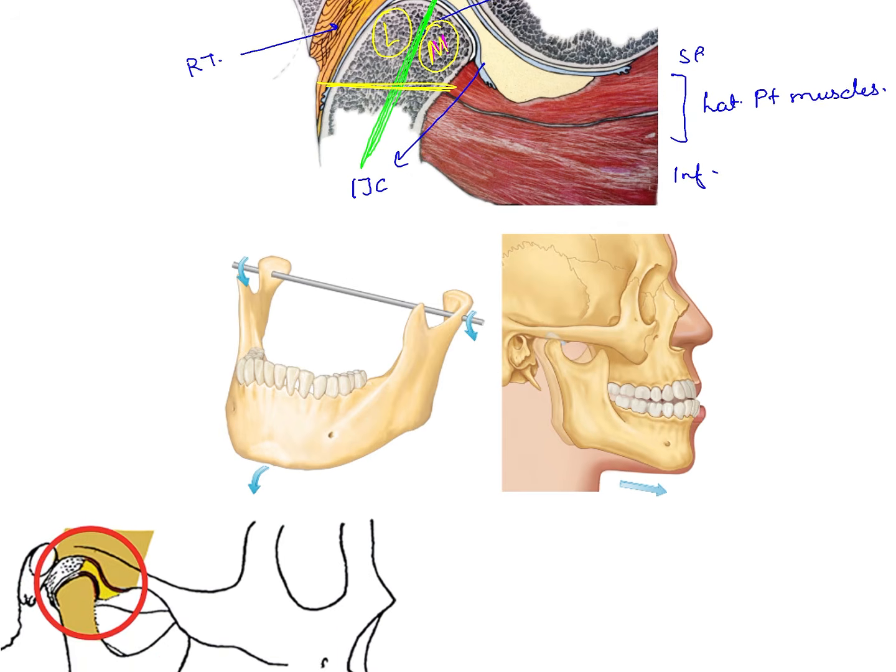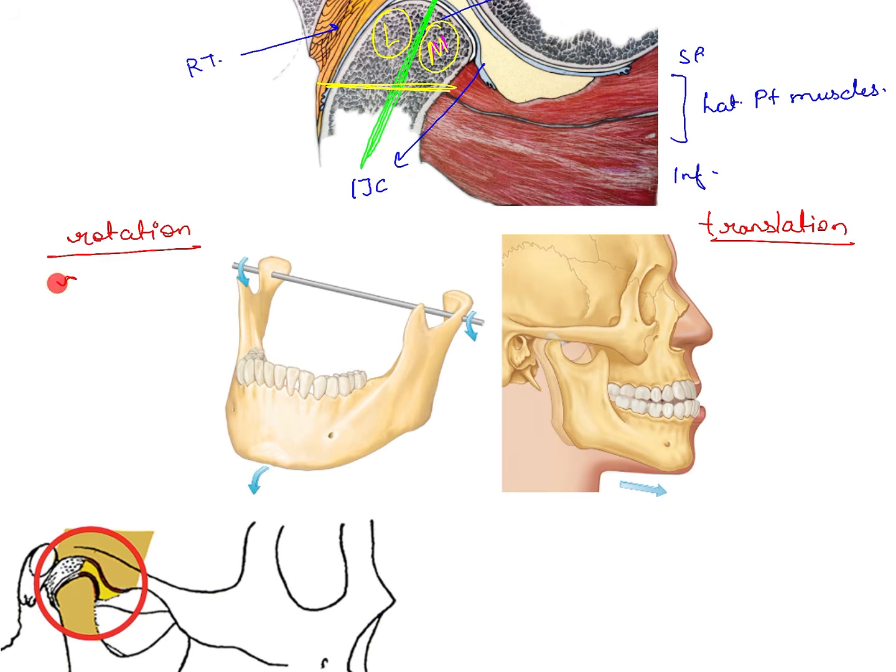The first is called rotation. The second is called translation. This is a ginglymus kind of joint, and this is an arthrodial kind of joint, and a combination of these two occurs as a resultant movement.